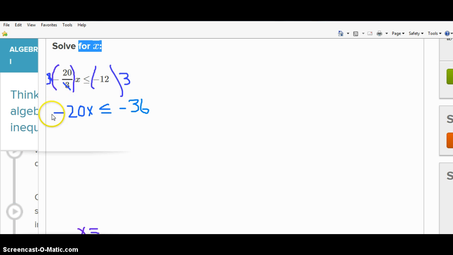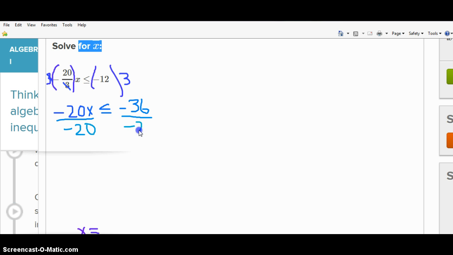To get rid of the coefficient here, remember we want to get x by itself, we've got to get rid of this negative 20. Even though there's no sign in there, that indicates negative 20 times x. So to get rid of that negative 20, we do the opposite of multiplication and divide by negative 20.